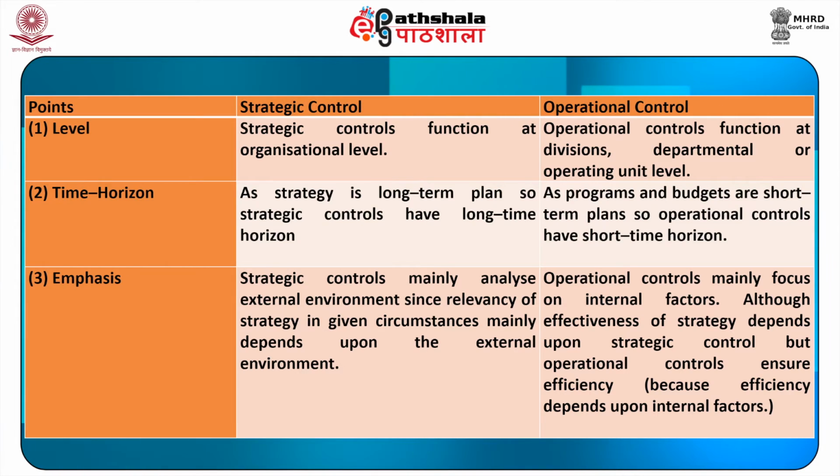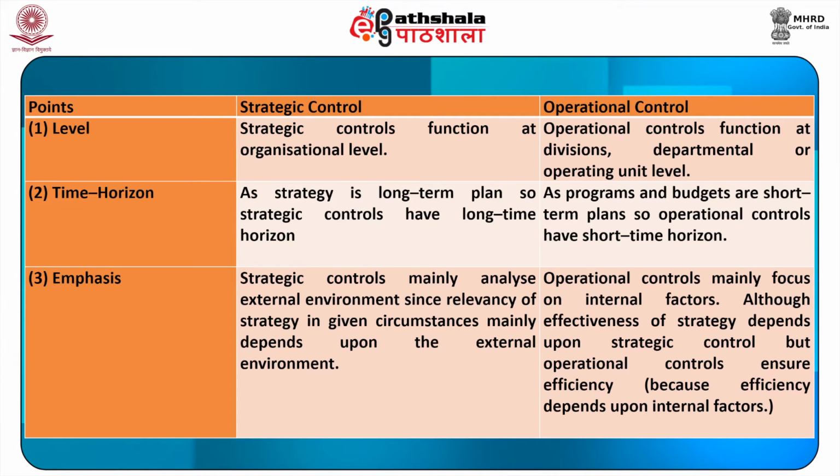Operational control functions at the division level, the department level or the operating unit. The time horizon: as strategy is a long-term plan, strategic controls have to be long-term in horizon. As programs and budgets are short-term plans, operational controls have to be short-term in horizon.